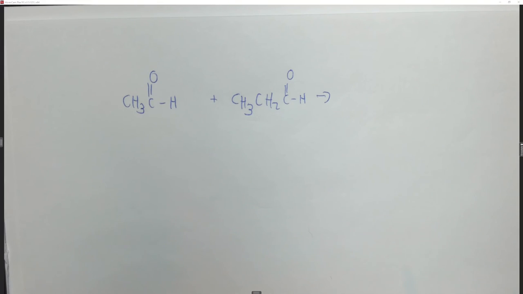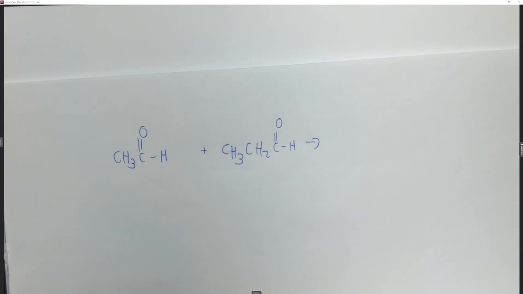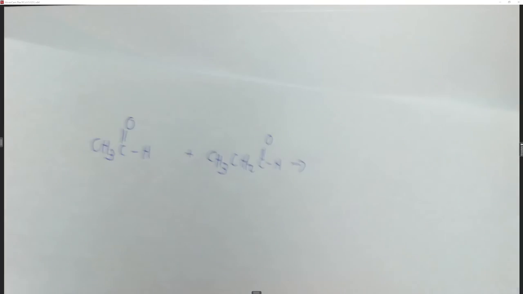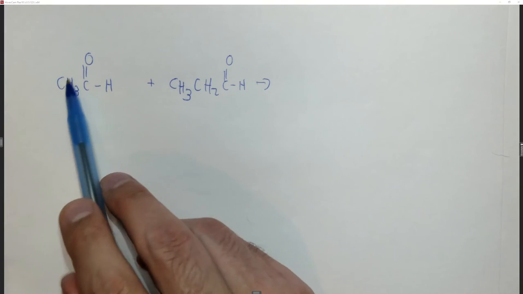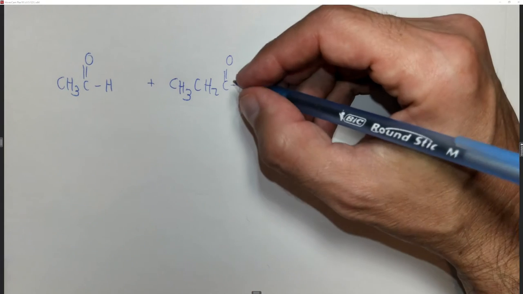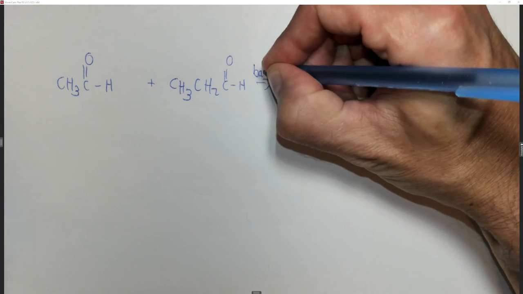Okay, now let's look at what products we could make. Well, it turns out we can make quite a large number of products. I'm just going to move this over so I have room to write all 4 of the products we could make. So let's look at first with this molecule being the one that loses a proton. So here we're going to add some base, okay?